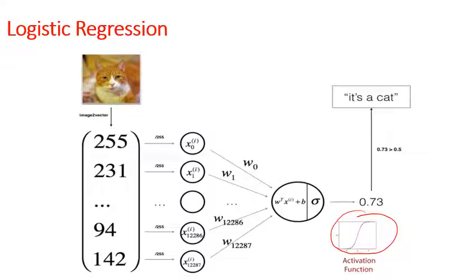We have a node, and in this node we take a dot product of the weight vector with the input vector x. So just recall, x is an input vector which can be an image, right?